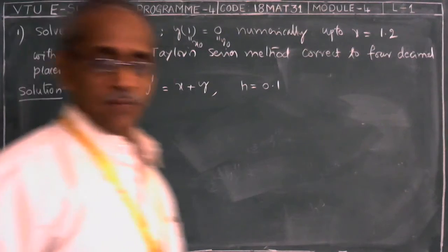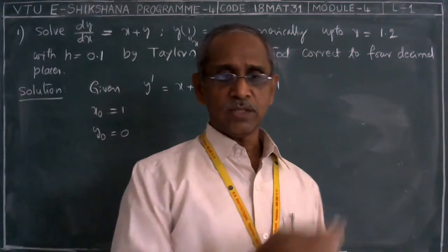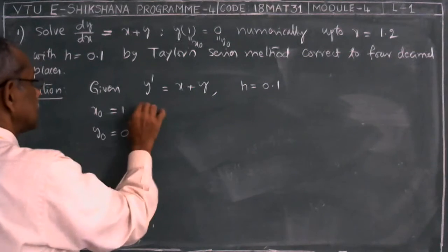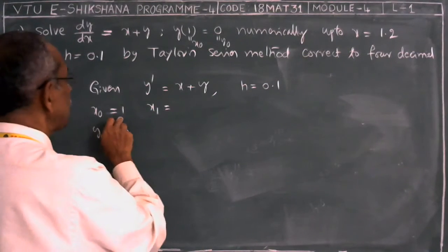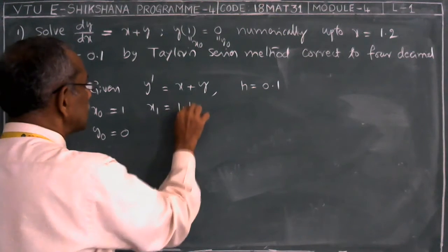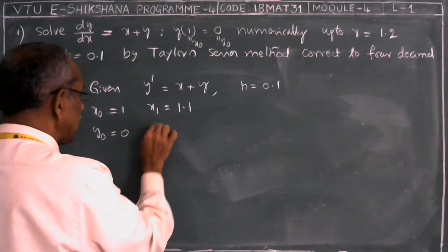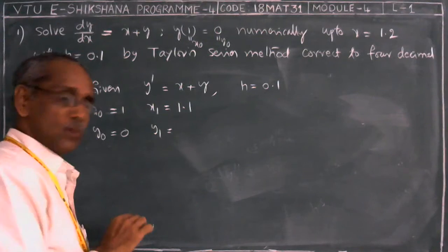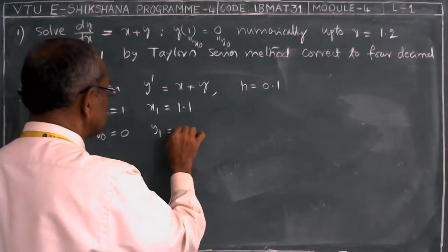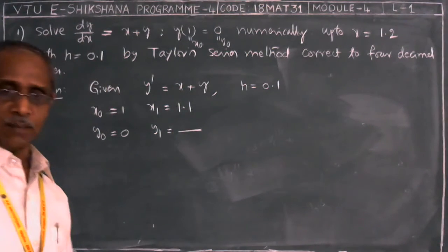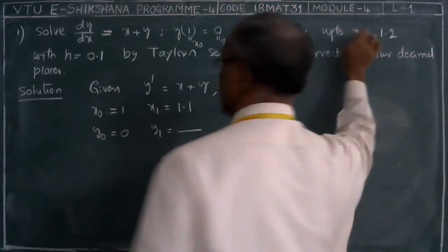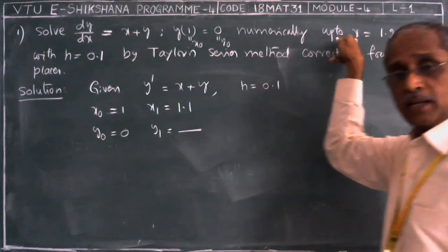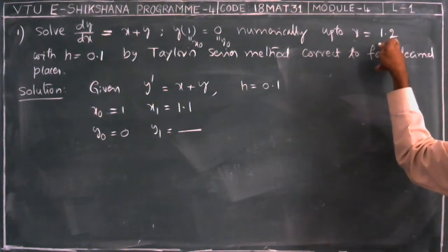What is the next value of x? Add h to x naught, we get x1, and h is 0.1, plus 1, that is 1.1. So we need to find the value of y numerically at x is equal to x1. So I need to fill up this blank. Then I need to calculate the numerical value of y up to x is equal to 1.2.